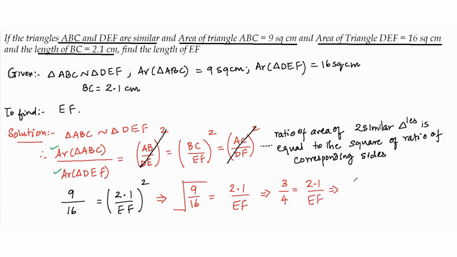And now you can cross multiply. So you get 3EF is equal to 2.1 into 4, which means EF is equal to 8.4 divided by 3, which is 2.8 centimeters, right? So this is how we can find the value of EF in the given question. So let me pause for a couple of seconds and then I will move on to the next question.